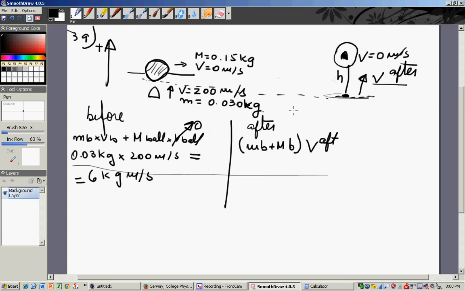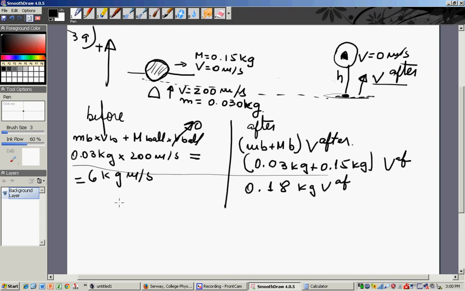So if I put numbers in it, mass of the bullet, 0.03 kilograms, plus mass of the basketball, 0.15 kilograms, times v after, I can write 0.18 kilograms times v after, and calculate my v after, because momentum before collision equals momentum after collision.